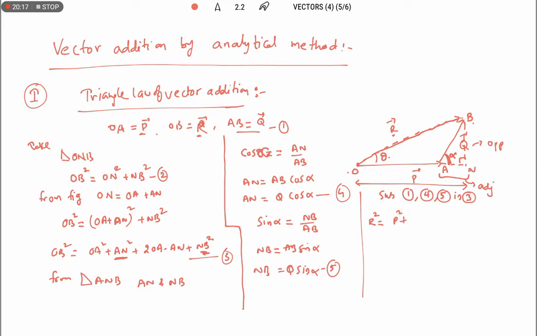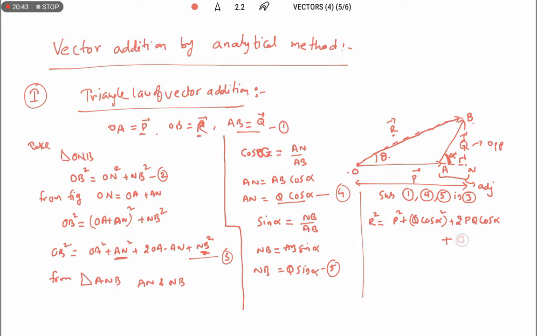And then AN square. What is AN? AN is Q cos alpha. Q cos alpha whole square plus 2 OA AN, that is 2 P Q cos alpha, plus NB square.